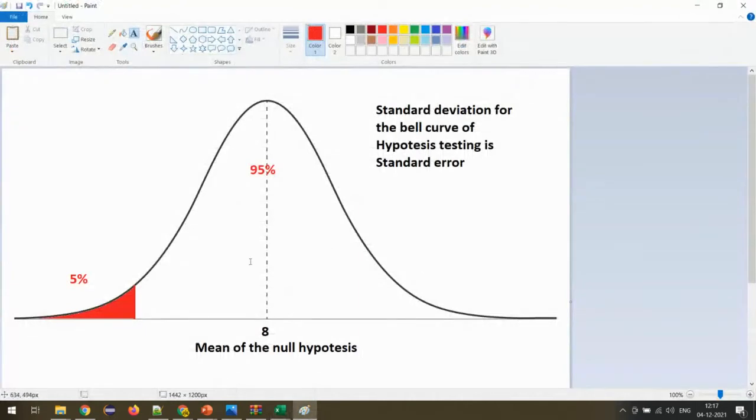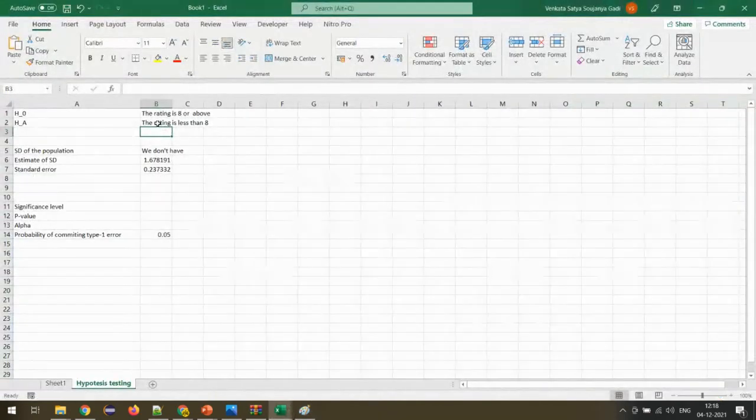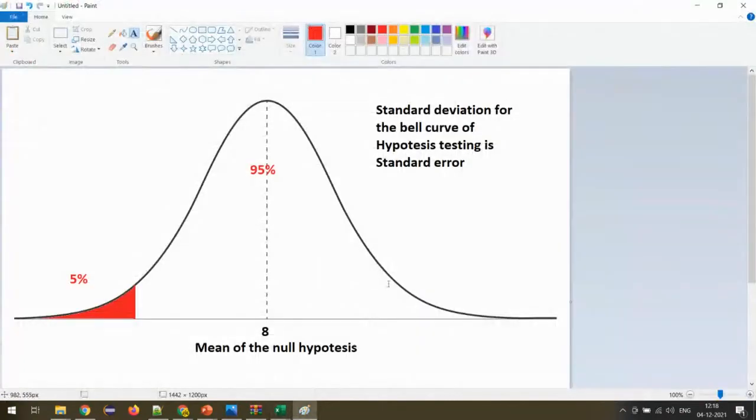If the white region is the null hypothesis, the painted region is the alternate hypothesis. We always paint the alternate hypothesis in red, and we consider it the tail. So here we have a left tail. The tail will go to the right side if we have a rating more than a certain value, like more than 8.